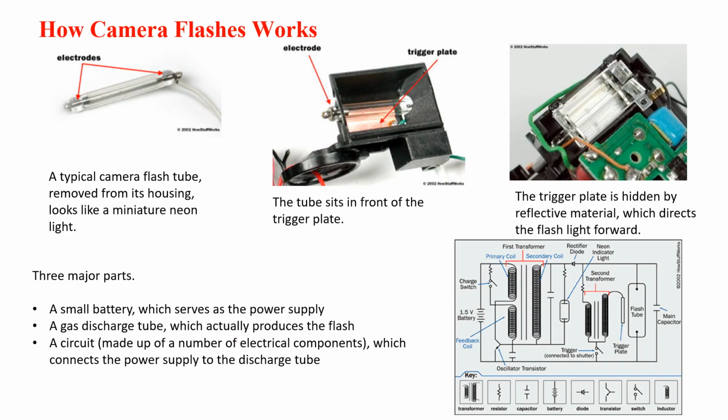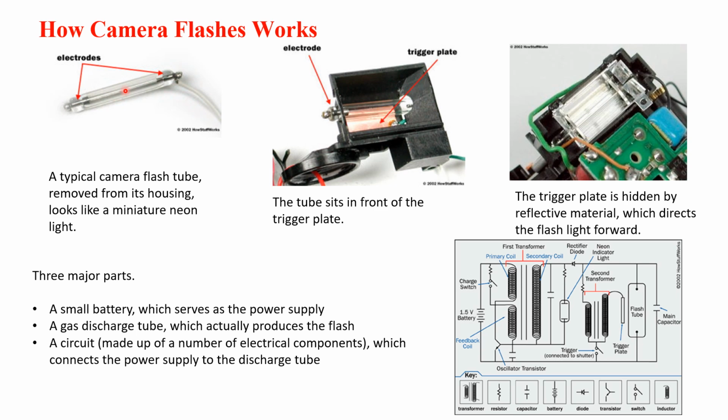An example of where you use a capacitor is in camera flashes in photography, and this is how your camera flash works. Basically, you have three major parts. You have a small battery, which serves as the power supply, and a gas discharge tube, which actually produces the flash. Here you have a typical camera flash tube removed from its housing, and it looks like a miniature neon light.